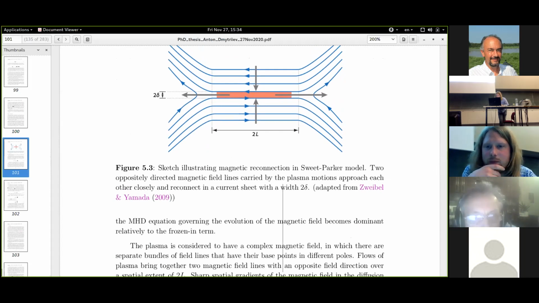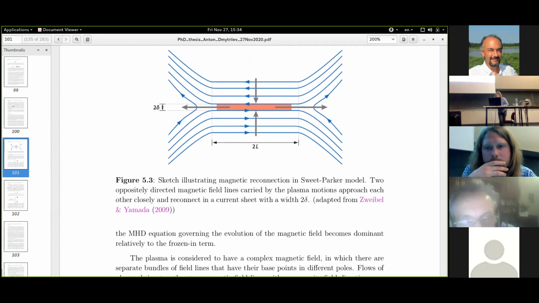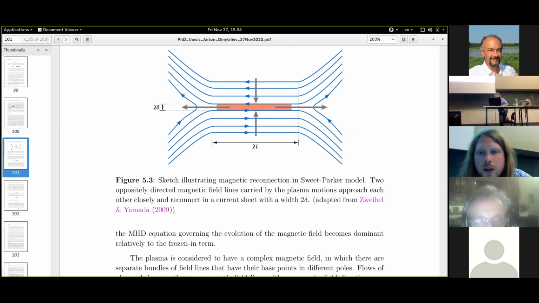5.3. Please explain the magnetic field line just right in this position. Sorry, what is your question exactly? The last magnetic field line from the right part has the wrong direction here.